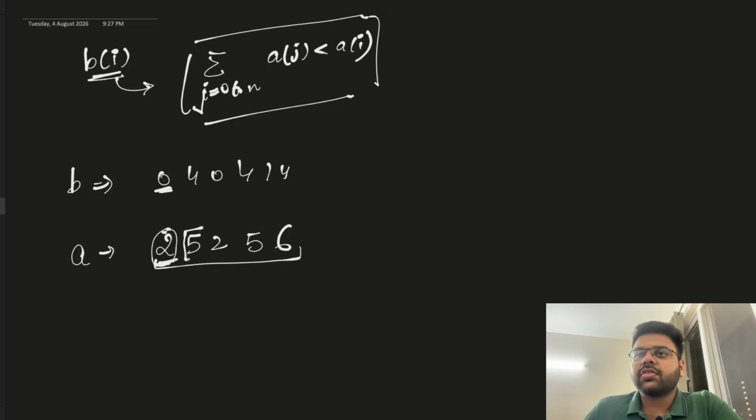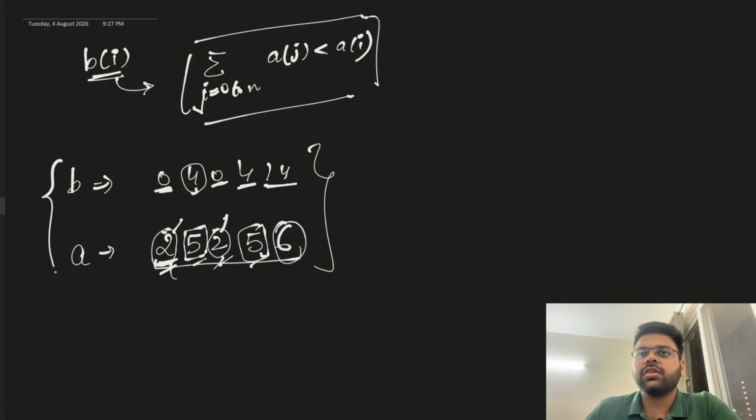For 5, the elements less than 5 are 2 and 2, so the sum would be 4. For 2, the elements less than 2 are none, so the sum would also be 0. For this 5, it would still be 2 and 2, so 4. For this 6, we have 2 5 2 5, so it would be 14. I'm sure you are able to understand the problem statement, right?